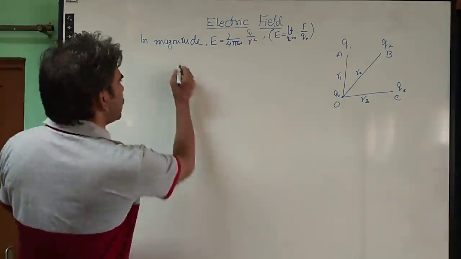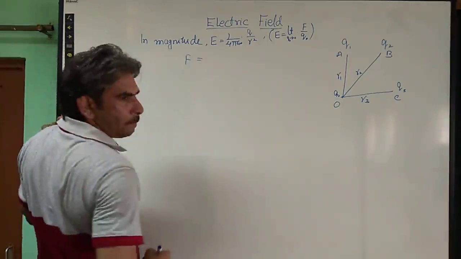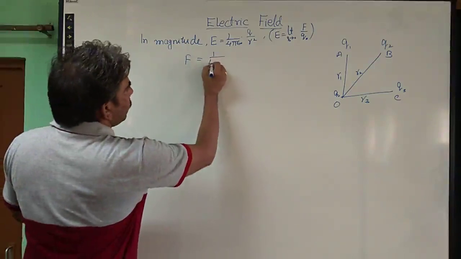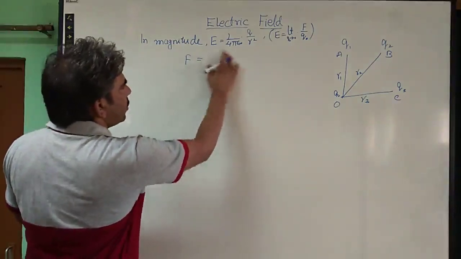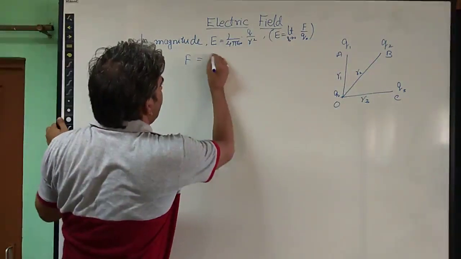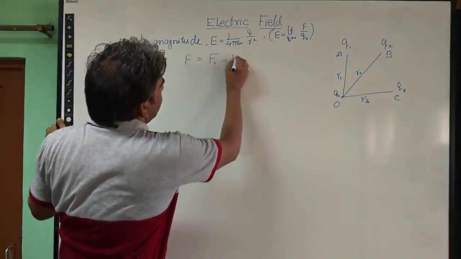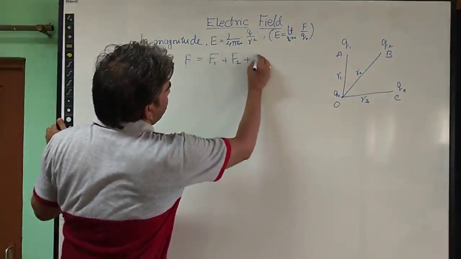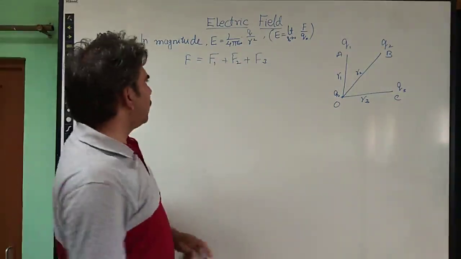The net electrostatic force at this point due to all other charges is the sum of the electrostatic forces due to individual charges. So F1 plus F2 plus F3, as we did in our earlier session.